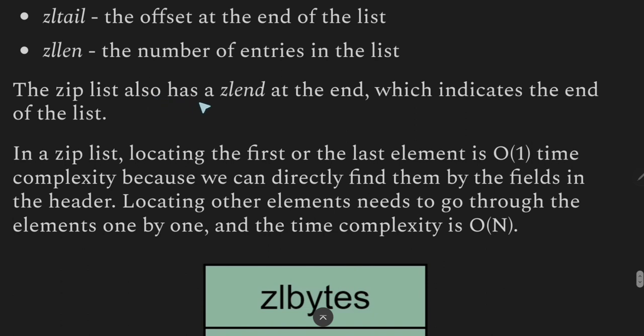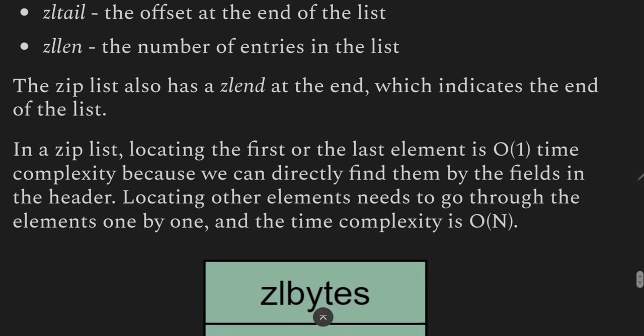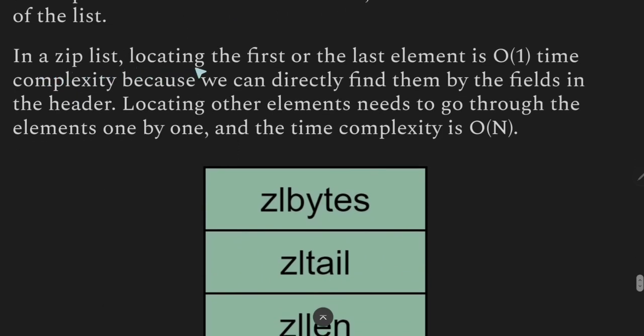The zip list also has ZLEND at the end, which indicates the end of the list. In a zip list, locating the first or the last element is O(1) complexity because we can directly find them by the fields in the header, because we know the length. Locating other elements needs to go through the elements one by one, with O(n) time complexity.